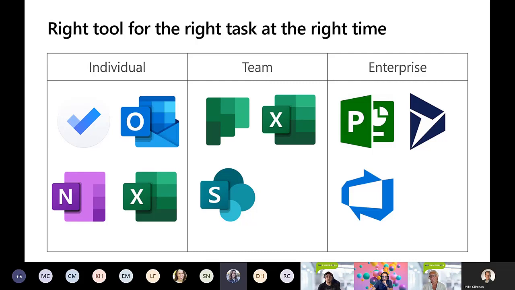And for Mark's example of when we were trying to decide how we were going to manage this team working on these different articles, it depended a lot on the specificity of what we needed to measure, right? As an individual with To Do or Outlook tasks, I'm able to create lists and categories and my due dates, which is pretty much what I want to do individually.